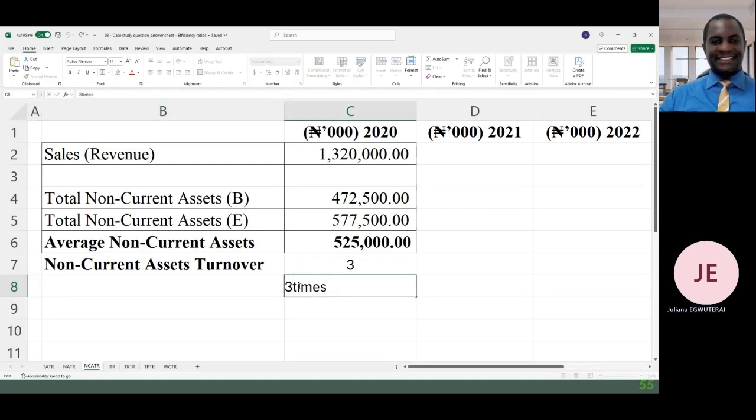Have you seen it? Hey, so what's happening today? I cannot see it. Are you sure you're in case study? I'm in case study. ICAN case study. Yes. Okay. So this thing is distracting me. I've not been able to focus to see what you are doing because I'm looking for it. Don't worry. Let me quickly share it again.